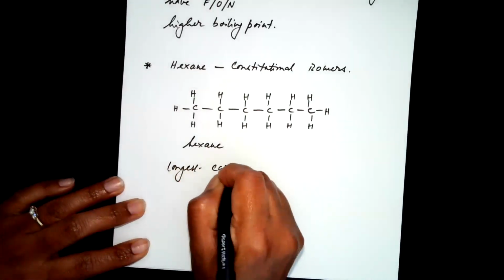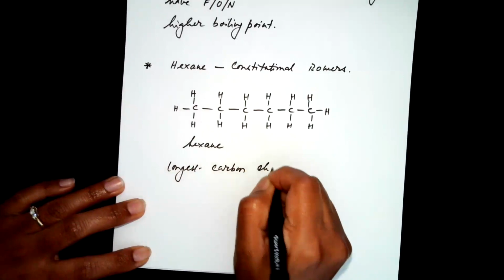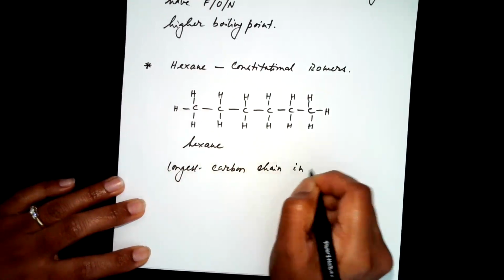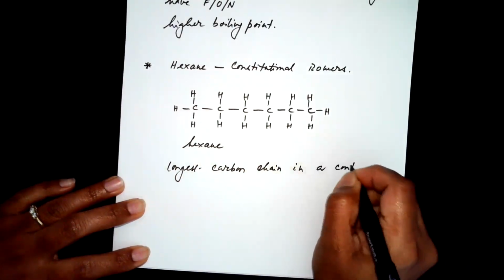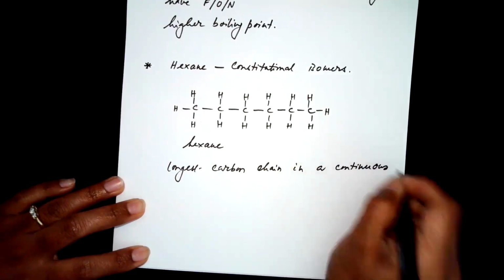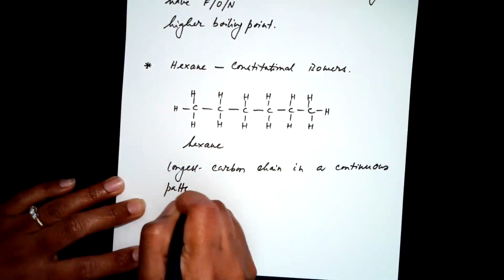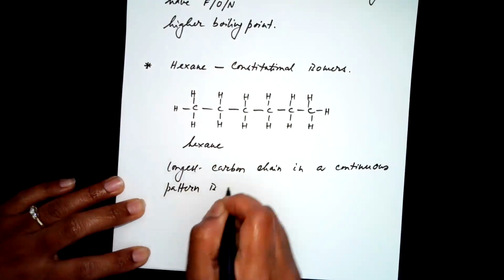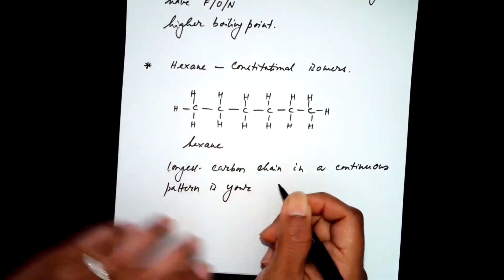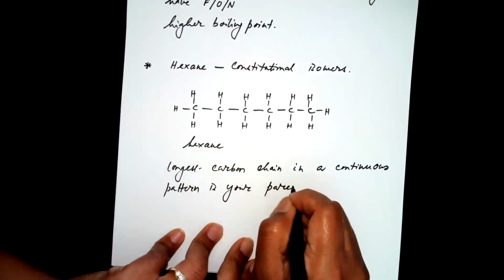Longest carbon chain in a continuous pattern is your parent carbon chain.